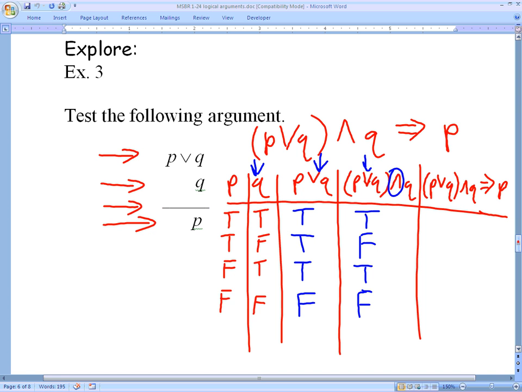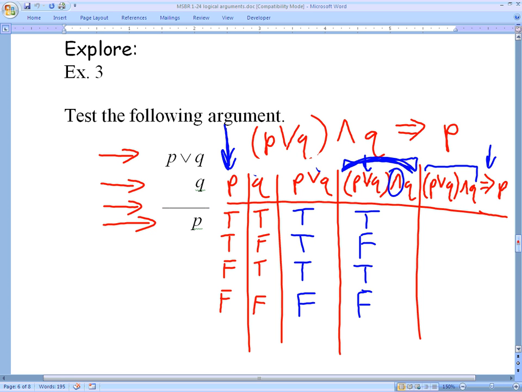And last but not least, I take this entire column here, which is all of this stuff right here, and I'm comparing it all the way back at the beginning with a P. I'll erase my other arrows to not confuse things any more than it may already be. And I'm using the implies or the if-then symbol. And notice I have to start with all my premises, which is over here. So I'm starting there, and then I'm finishing up with my then or my conclusion, which is the P column.